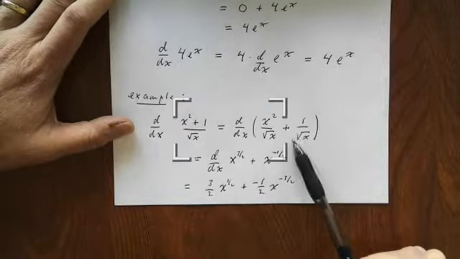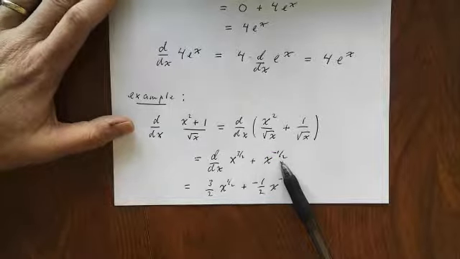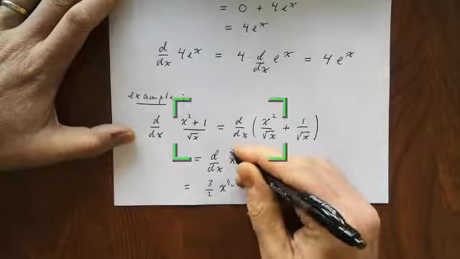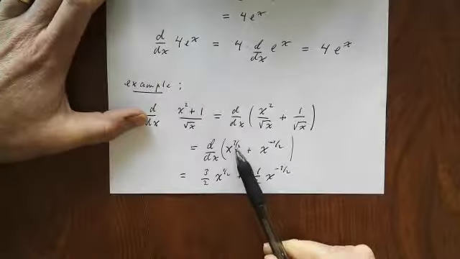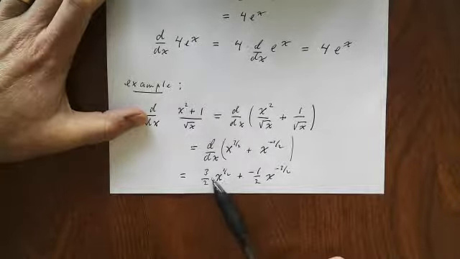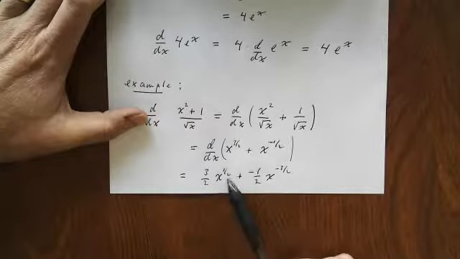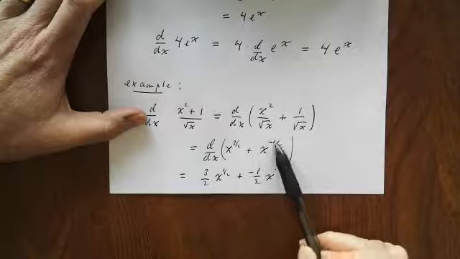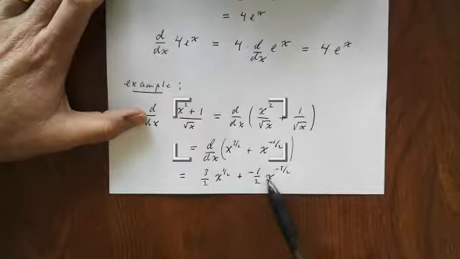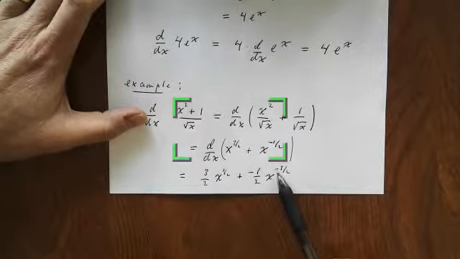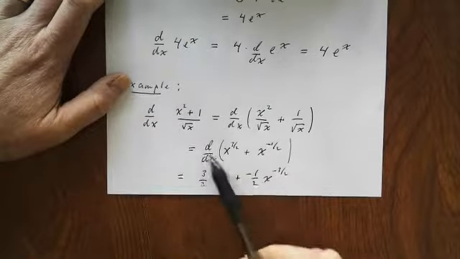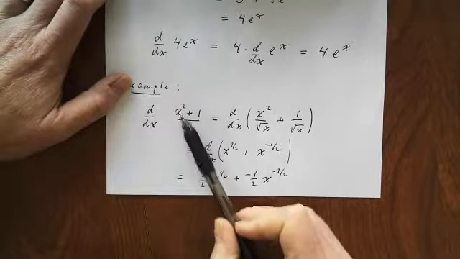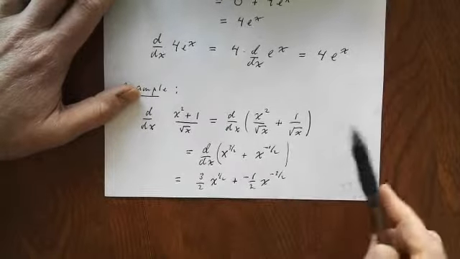And then 1 over the square root of x is x to the minus 1/2. Now, if we take the derivative of this whole quantity by the power rule, we bring the 3/2 down in front. We subtract 1 from 3/2, we get 1/2. By the power rule again, we bring our minus 1/2 down in front, and we subtract 1 from minus 1/2, which gives us minus 3/2. So you see, you could have used the quotient rule here, but sometimes a little bit of algebra simplification first helps.